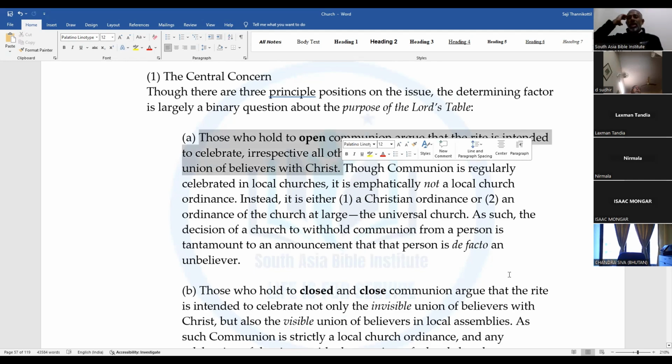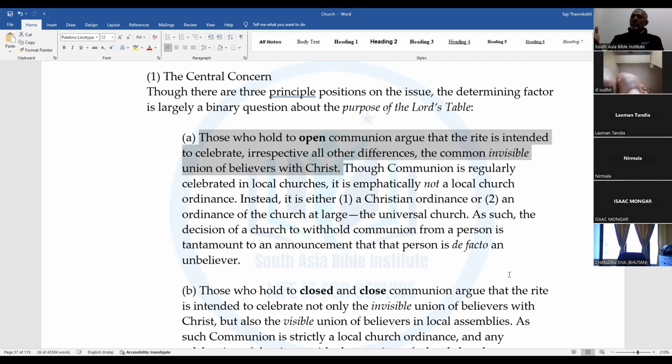So those who say, we believe in open communion, are actually saying that all we do in the Lord's table is to celebrate. That's the only thing we do in communion.